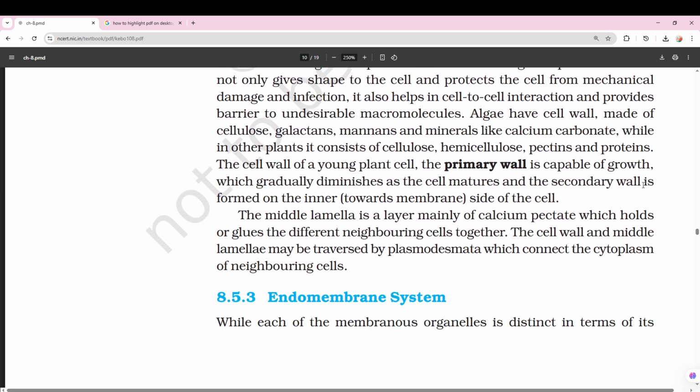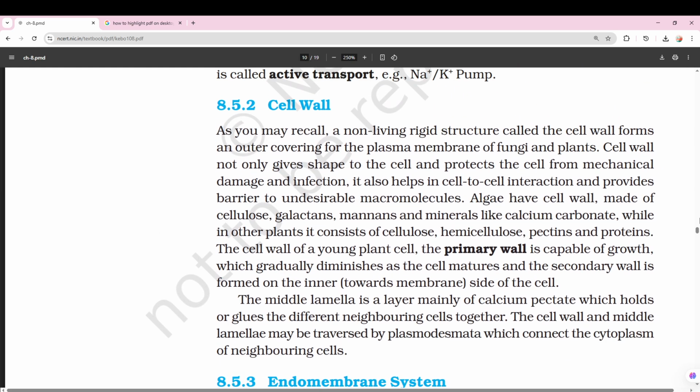Cell wall. As you may recall, a non-living rigid structure called the cell wall forms an outer covering for the plasma membrane of fungi and plants. Cell wall not only gives shape to the cell and protects the cell from mechanical damage and infection, it also helps in cell-to-cell interaction and provides barrier to undesirable macromolecules.